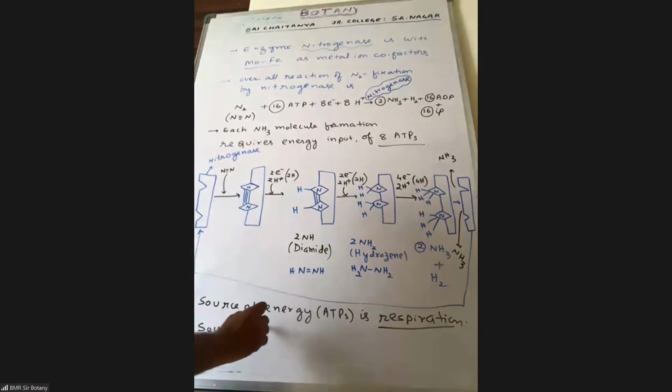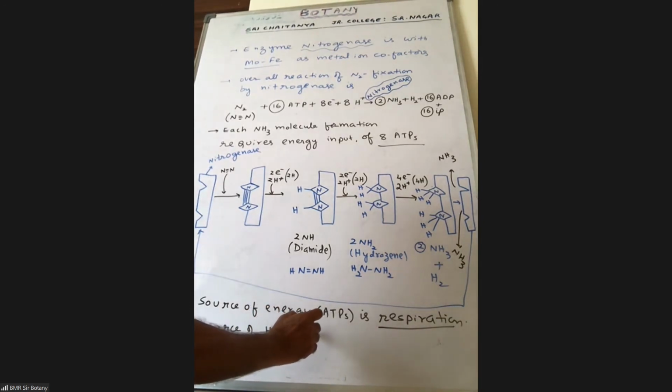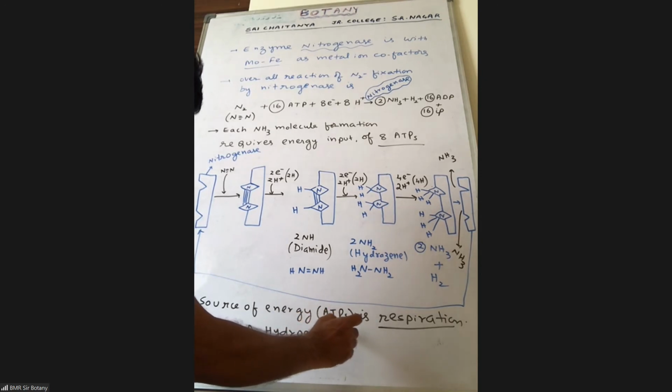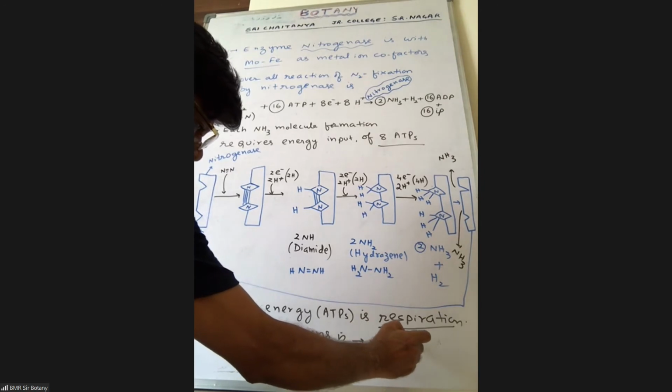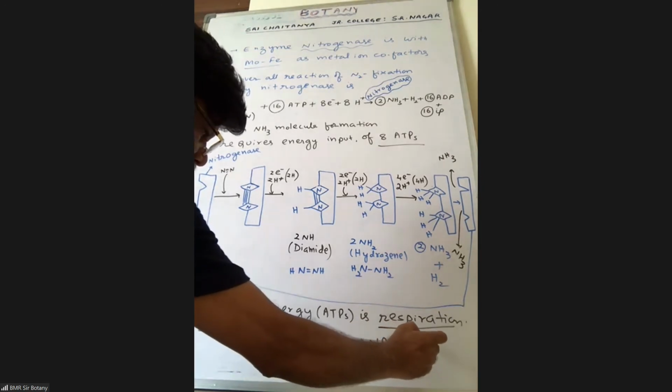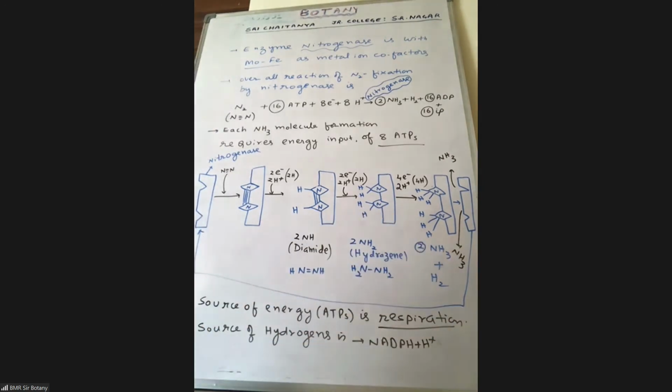Source of hydrogens, that is electrons and protons, is NADPH plus H plus.